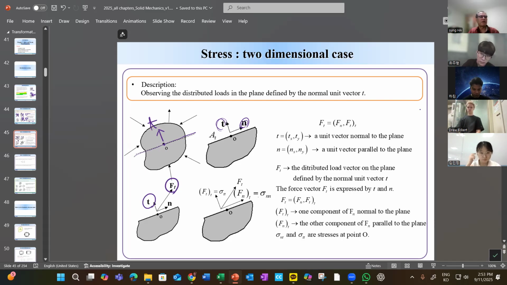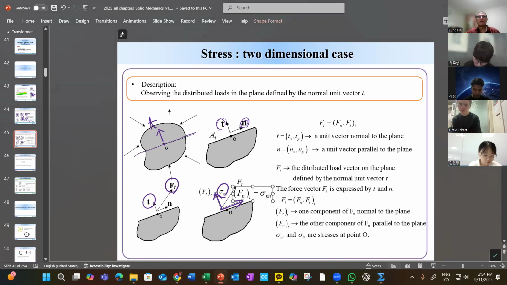Now this Ft will have a component in the t direction and also in the shear direction. So we can call this sigma tt, and this is sigma, but this is not right. Sorry. This is sigma nt. So we have two components, sigma tt and sigma nt.